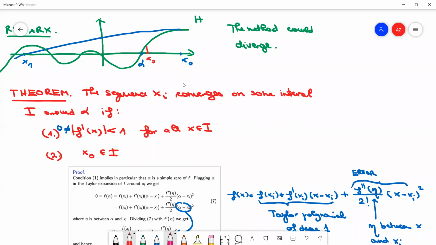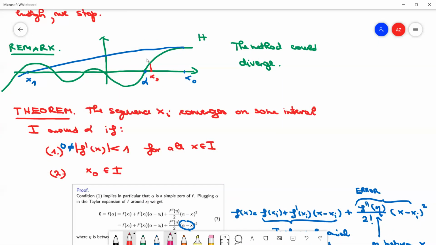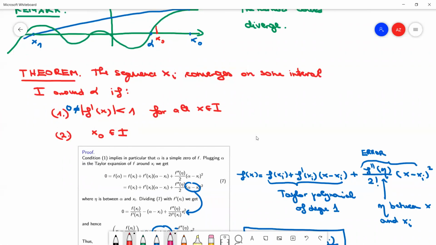On the picture we saw that we don't mind if the derivative is big. If the derivative is big, then the convergence is even quicker. I admit I screwed up here. We don't need this upper bound, we only need the lower bound.